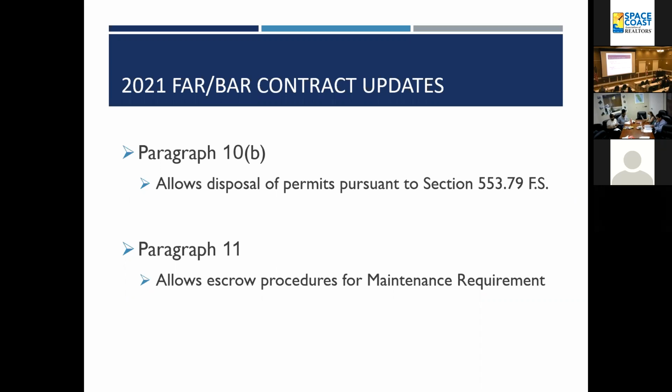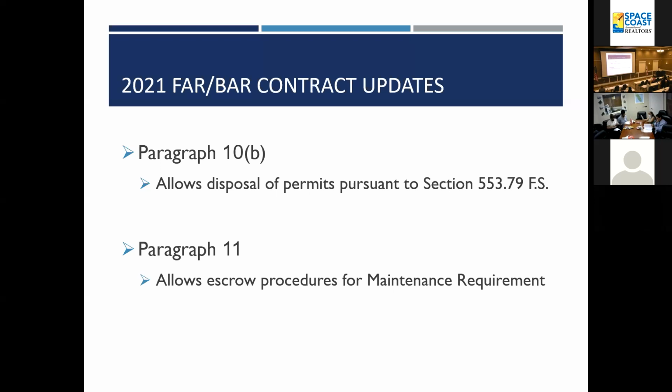So they just added this into the contract. If you have open permits, you have to disclose them. However, if they can be disposed of pursuant to 553, in addition to just being closed, that is also now included in paragraph 10. So again, it's not a huge issue, but it's out there for permitting purposes.